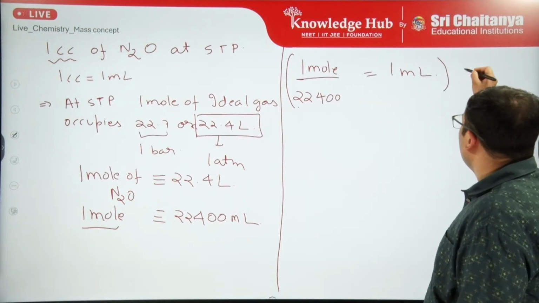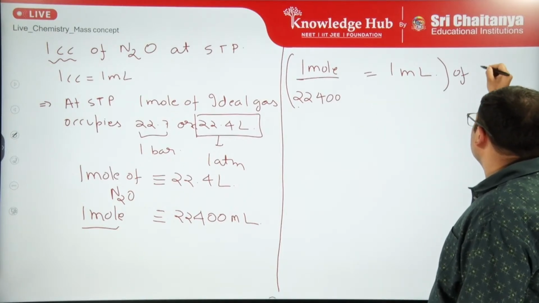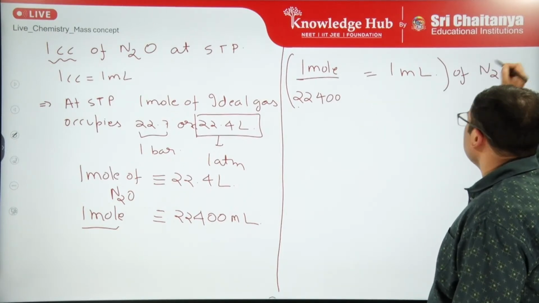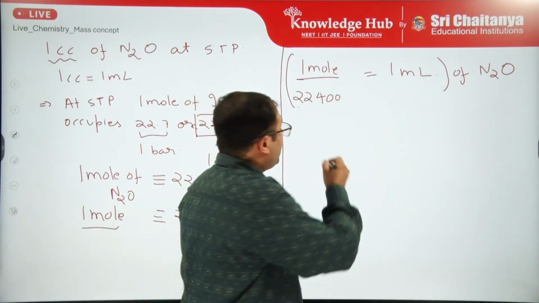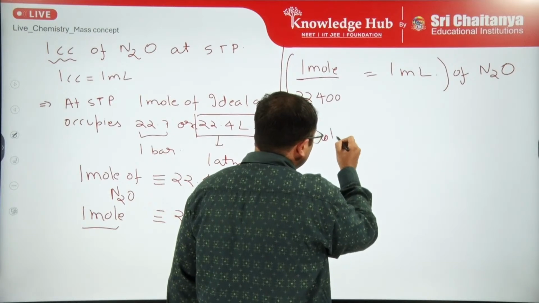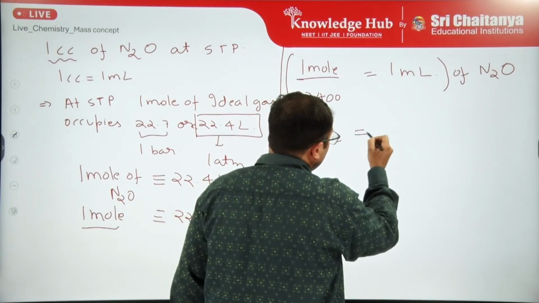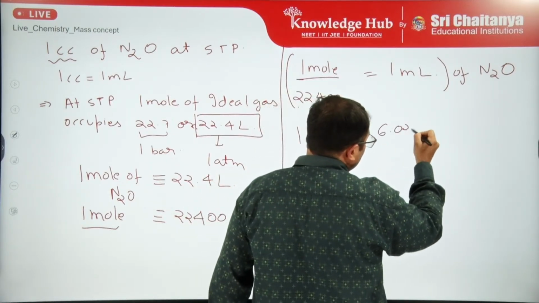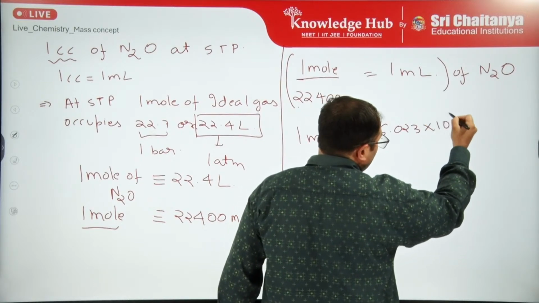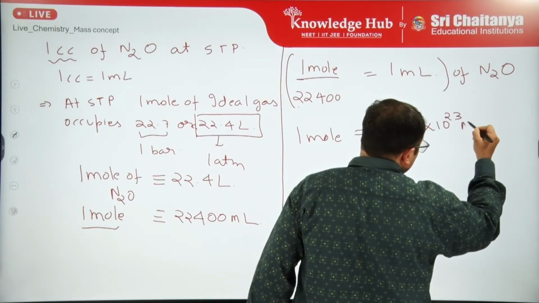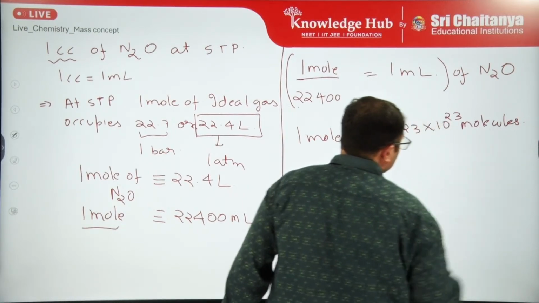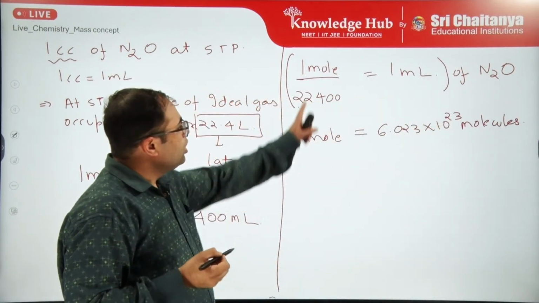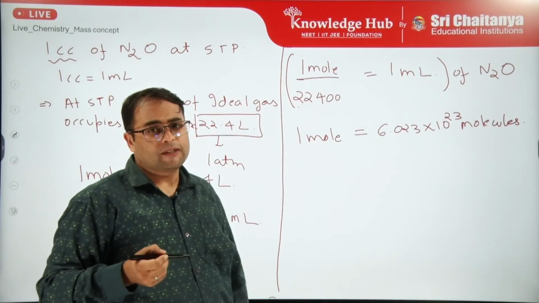So this is 1 mole of N2O, right? And we know that 1 mole of anything contains how many things? 6.023 into 10 raised to power 23, molecules in this case. So how will you convert this to this?